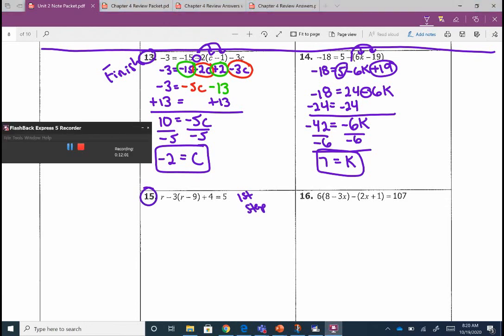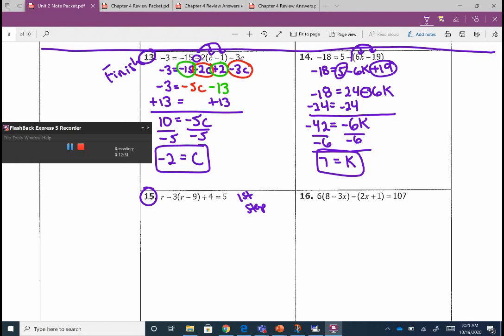Okay. All right, so number 15, I just asked you to do the first step. Because if we get some of the signs wrong, I'd rather us take a pause on the first step and figure it out before we do the remaining 3 steps and then get frustrated because, oh, I had the first one wrong, now the rest of it's wrong. So here we go. I see parentheses with a number in front, so I know I have to distribute.